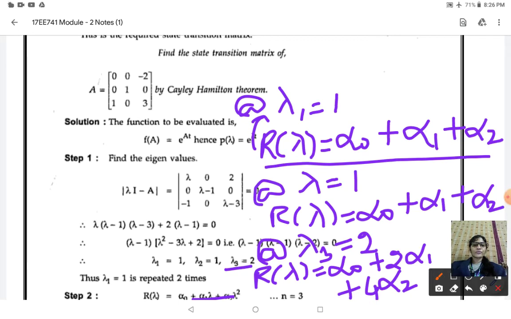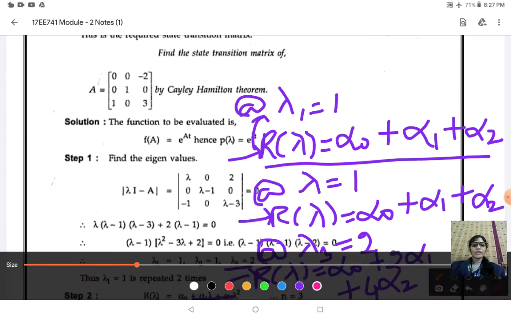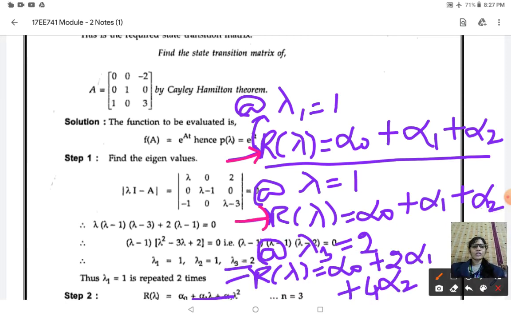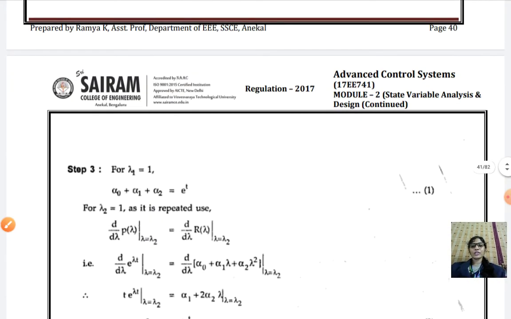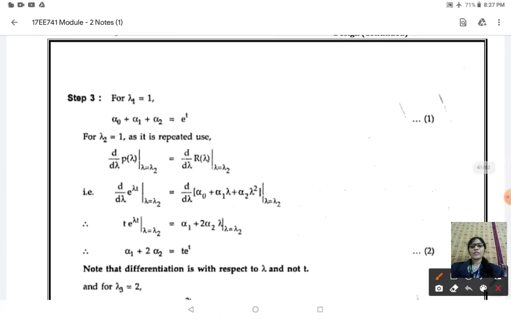So you have got 3 equations, that is r of lambda 1, r of lambda 2 and r of lambda 3, at different values of lambda. After obtaining the 3 equations, here one more thing we wanted to know.